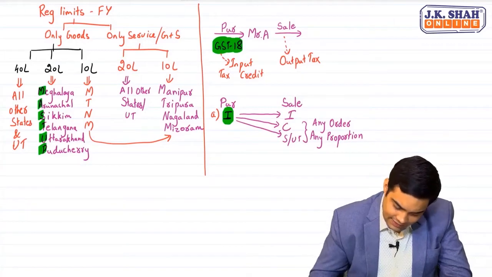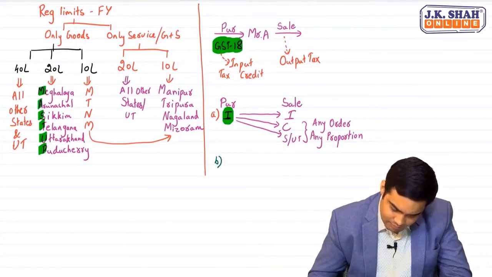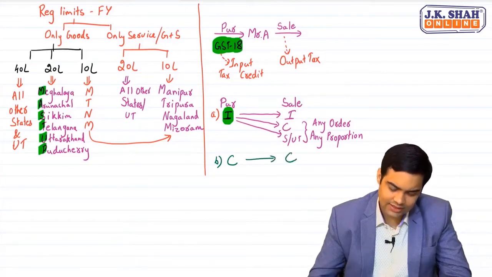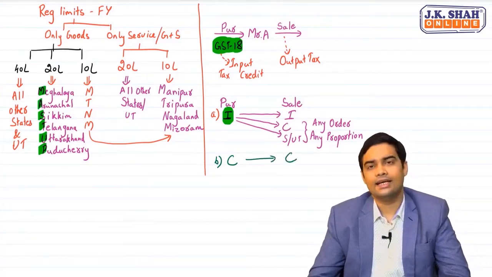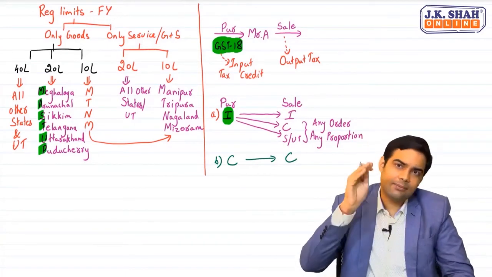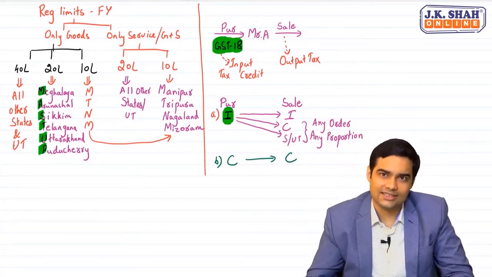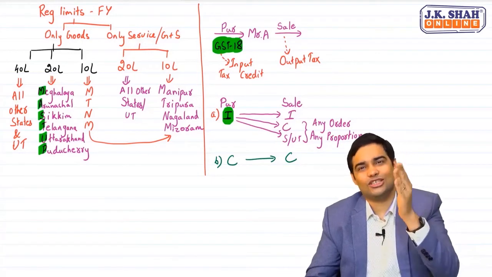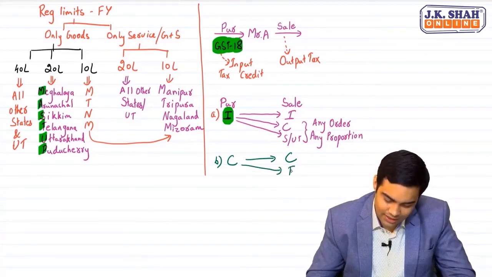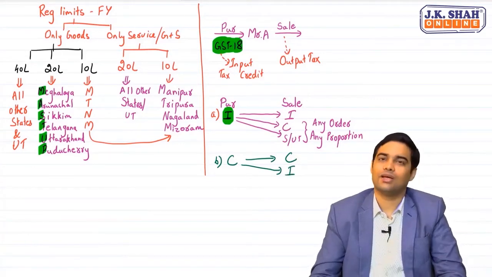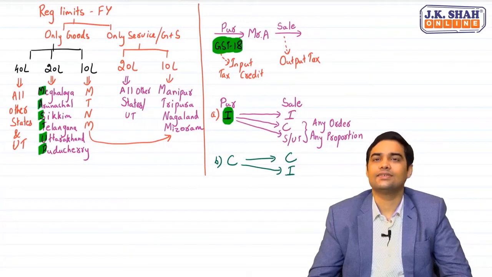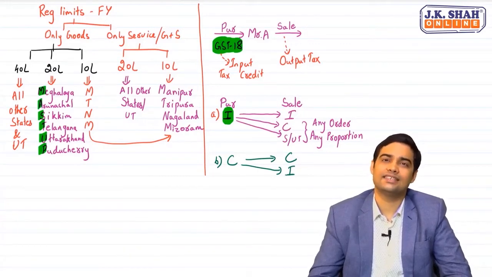Then the second is CGST, which would be first adjusted against CGST. See, the first part is input CGST, the second part is output CGST. So C will be first adjusted against C, then C can be utilized to pay any tax payable of IGST. Remember, C and S cannot be adjusted against each other.